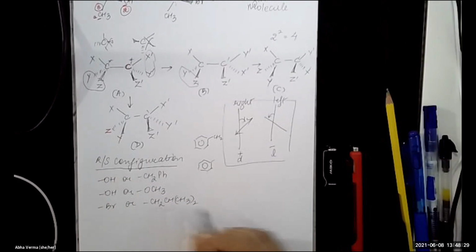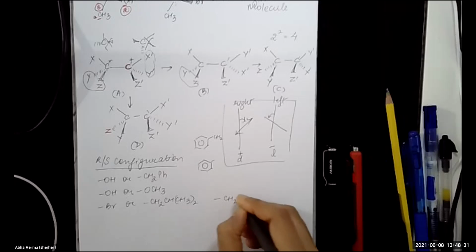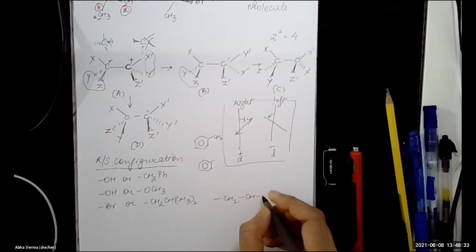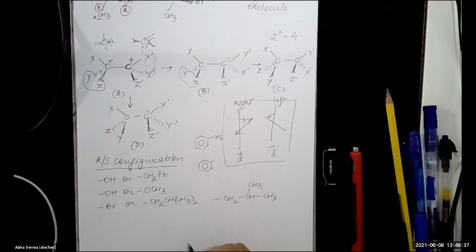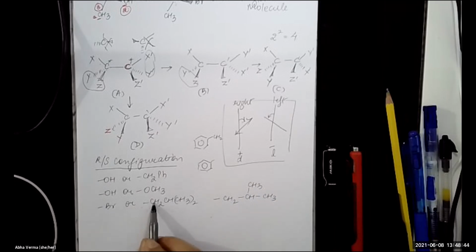So this will look like CH2, CH with 2 CH3s. Remember, when I make a bond like this, I am trying to say on a carbon, if this is attached, and on the same carbon, if this is attached, which will have more priority?